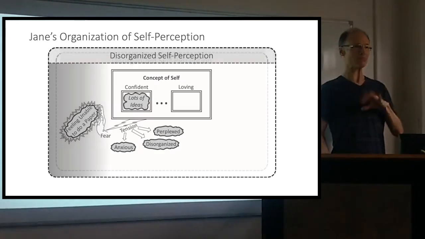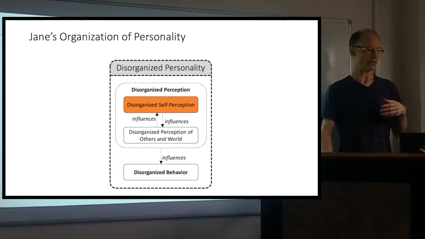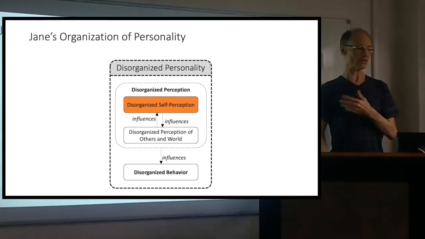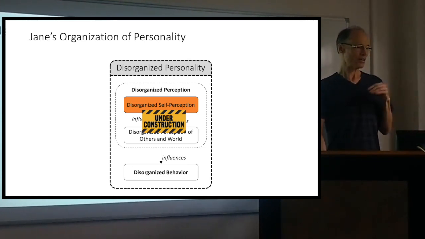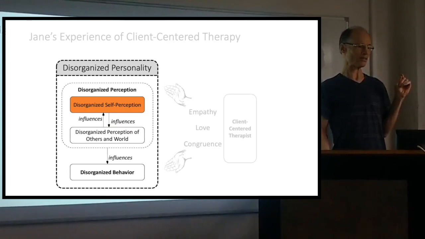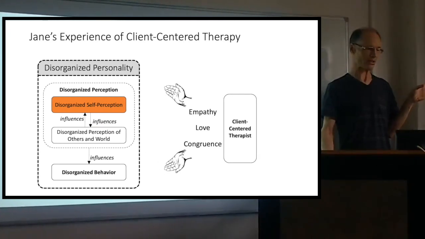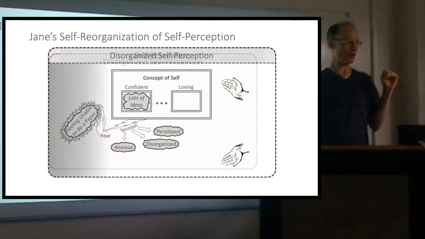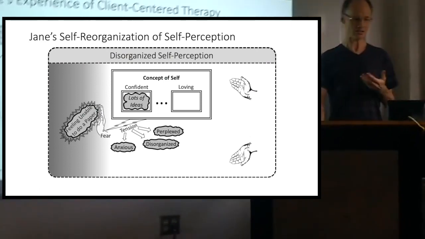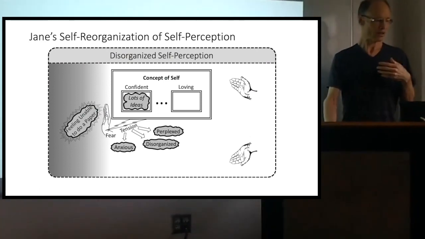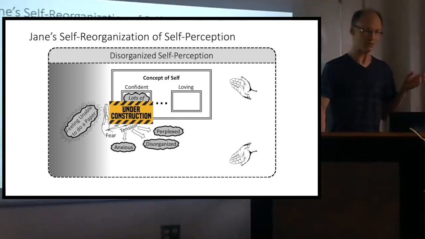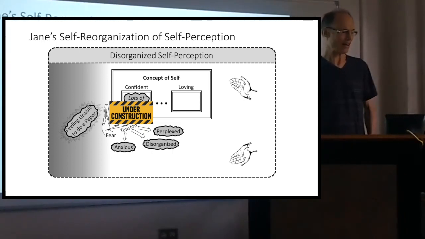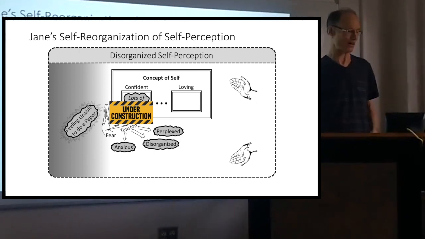And a more complete model will show the dynamics of this within the context of her whole personality. And the really interesting thing is within the context of client-centered psychotherapy to see how she reorganizes her self-perception. But you'll have to come back next year to see how that looks in the fully integrated model.